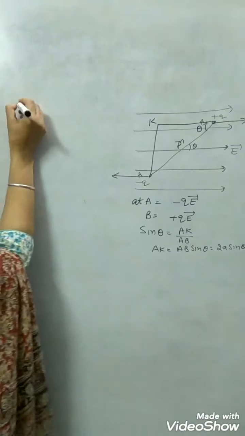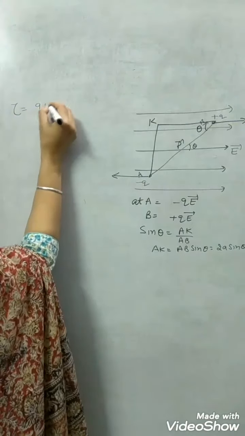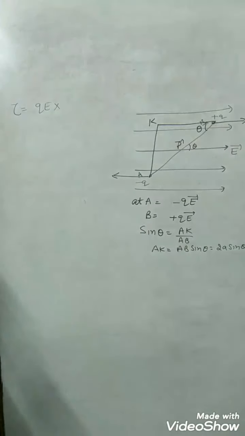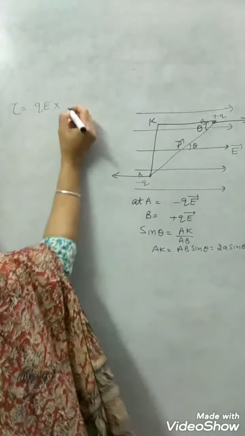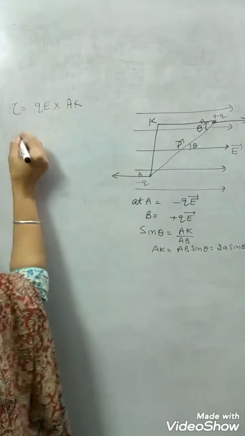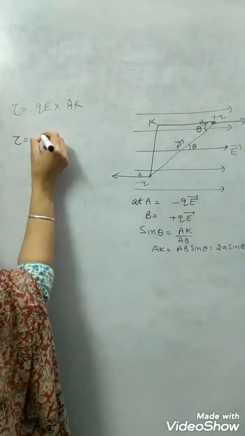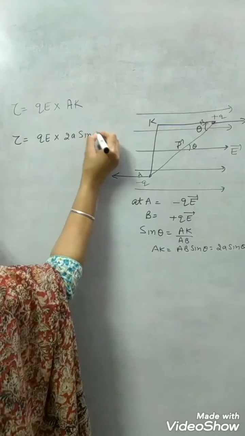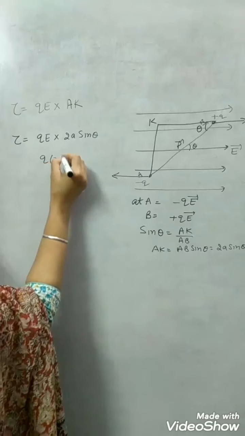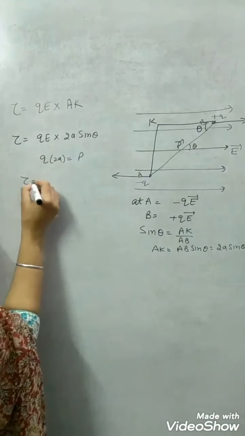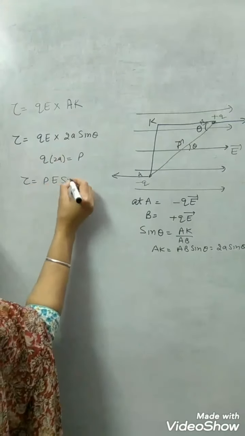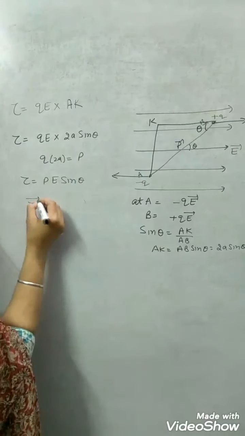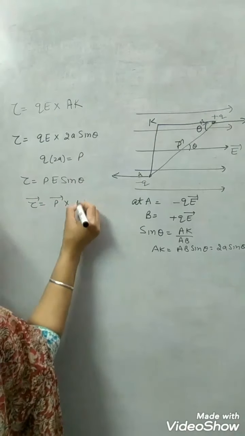So now the torque is force into perpendicular distance AK, that is, the torque is QE into 2A sine theta. Now Q into 2A is P, so the torque is PE sine theta, or tau vector is P vector cross E vector.